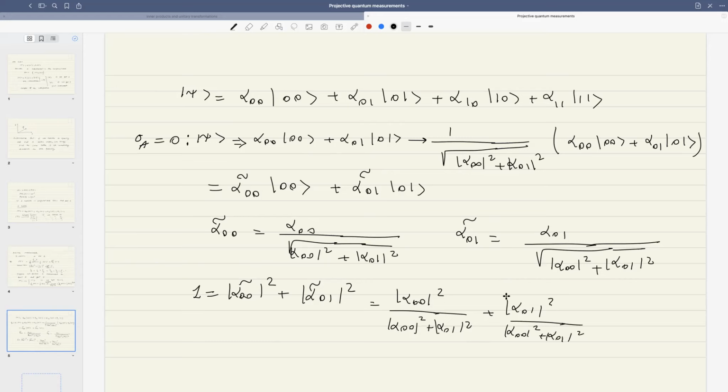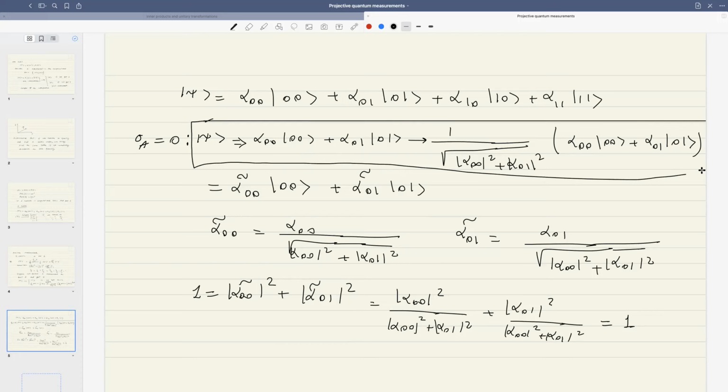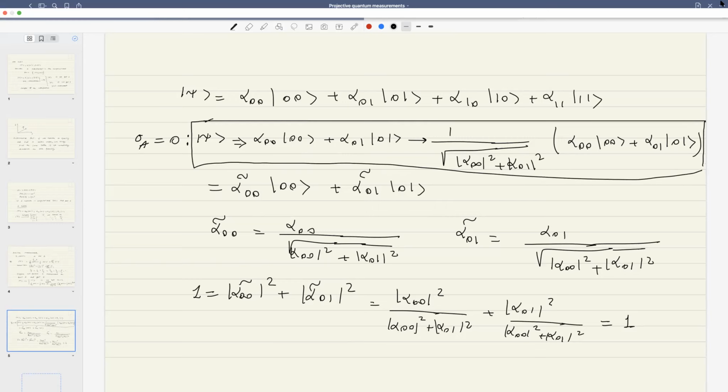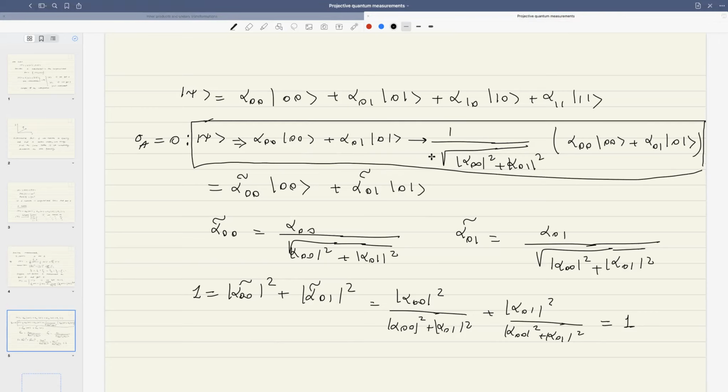So you see now, if I combine these, they have the same denominator. So adding these gives me the denominator in the numerator. So it becomes something divided by itself, and that's going to be 1. So that's our recipe for finding the post-measurement state if you find a certain outcome when you perform the measurement on one of the qubits, on the first one.